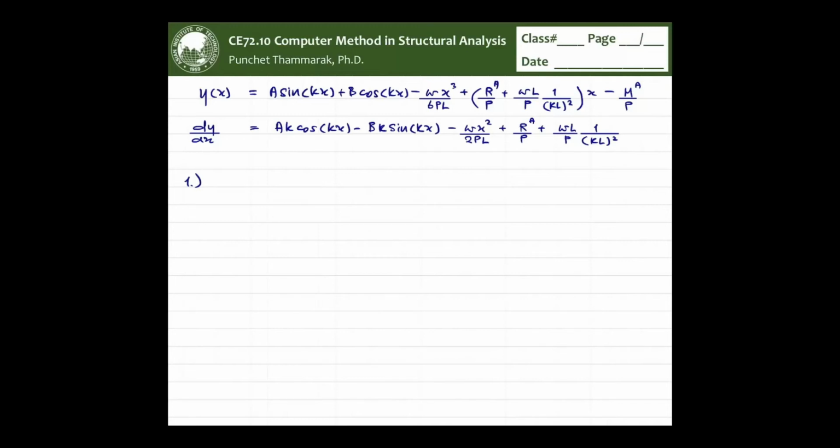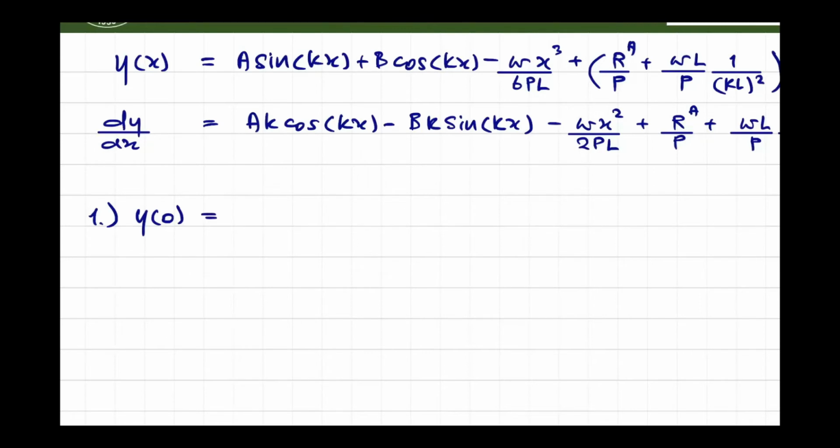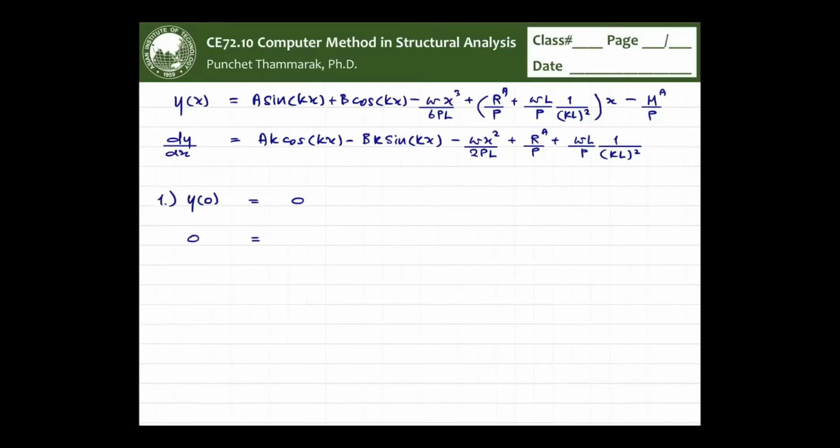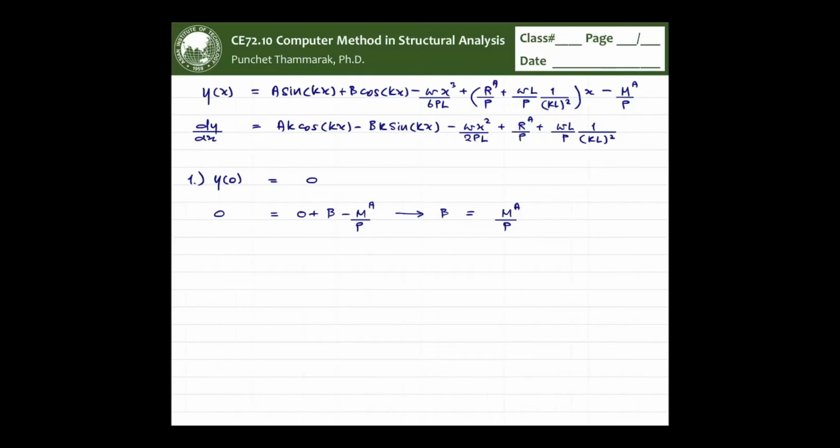Okay. So start with Y at 0 equals to 0. Zero plus B minus MA over P. So that makes the B equals to MA over P. Right, substitute x equals 0.